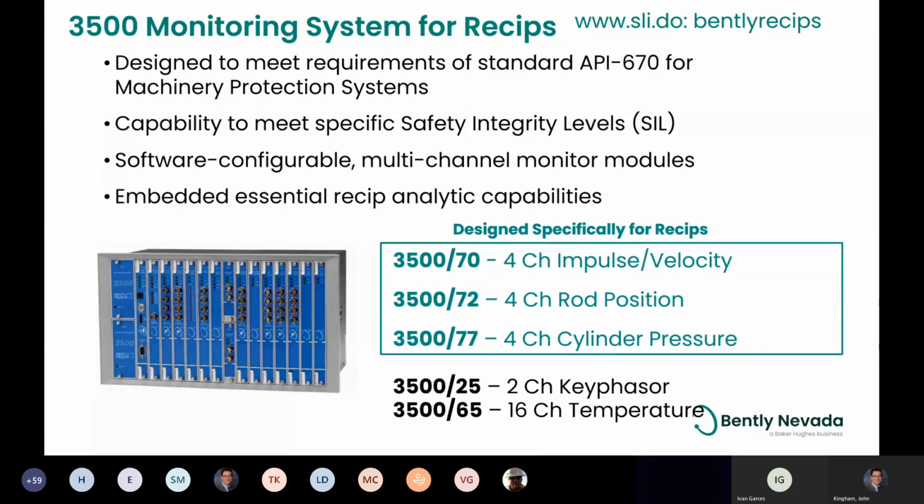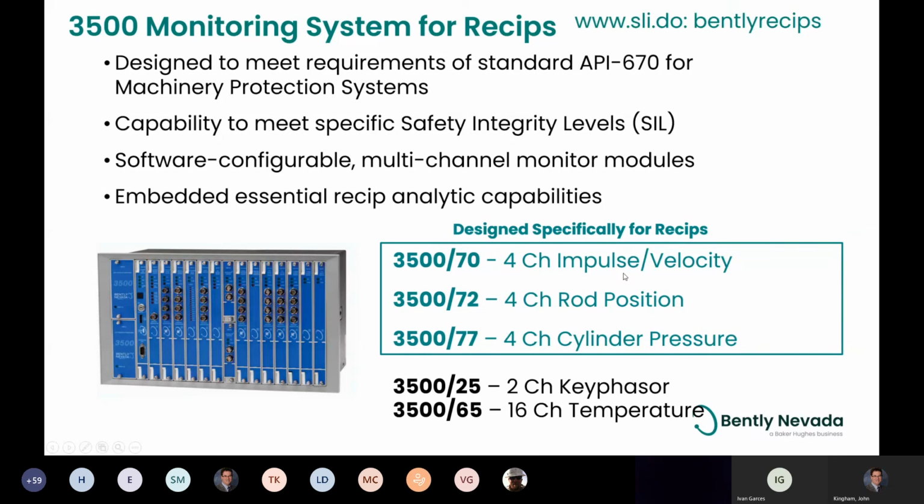So I assume most of you are familiar with 3500 at this point, but it is designed to meet the API 670 standards for machinery protection systems. It does have capability to meet specific safety integrity levels for Recips, specifically SIL 2. All of these monitors are software configurable. They have more than 1 channel per monitor, typically 4.